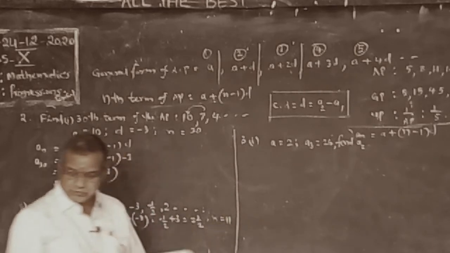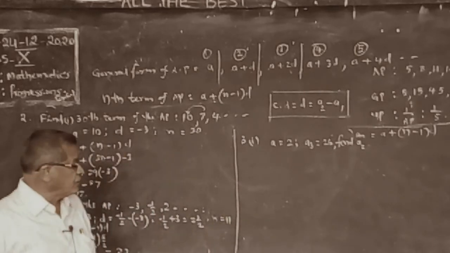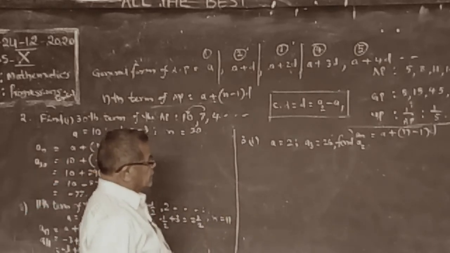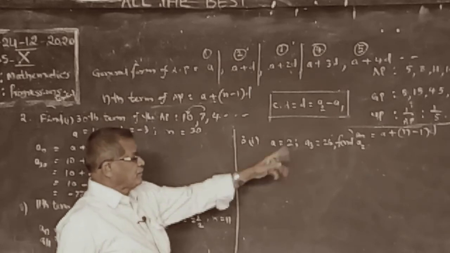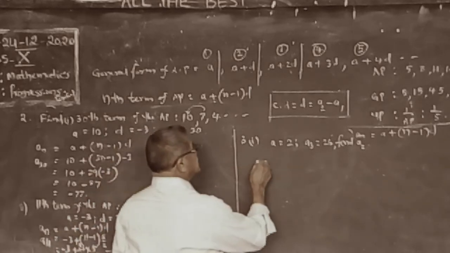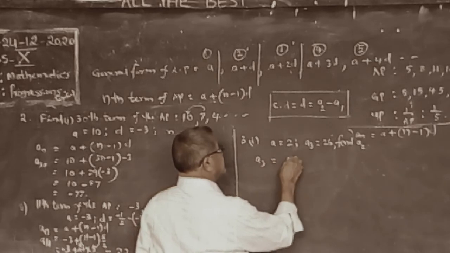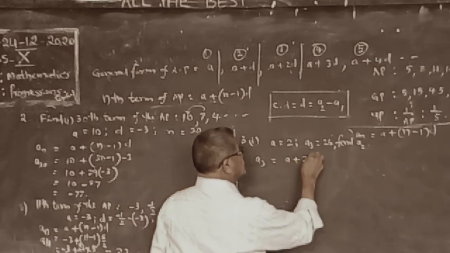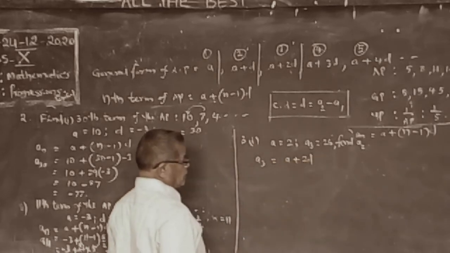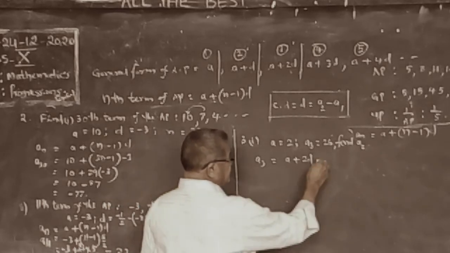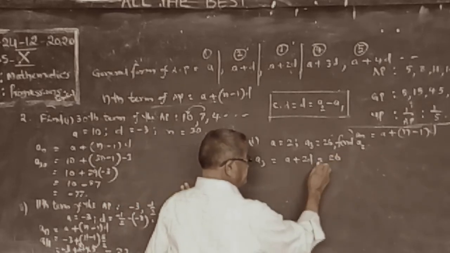For all these problems, given A and A3, what is the third term? A3 is directly A plus (3 minus 1) D, that is 2D. In this, A3 is given as 26.